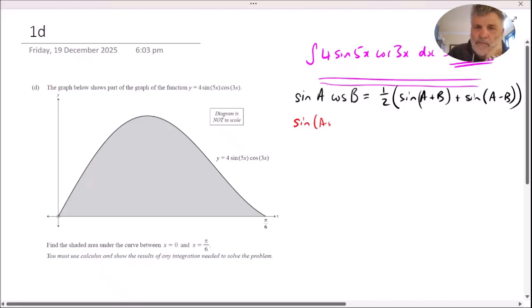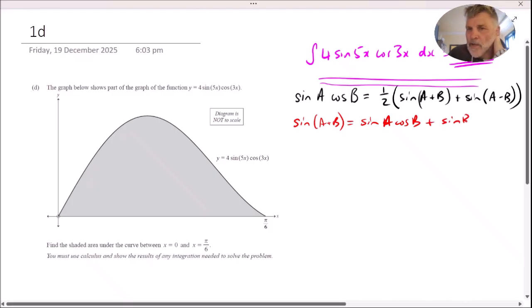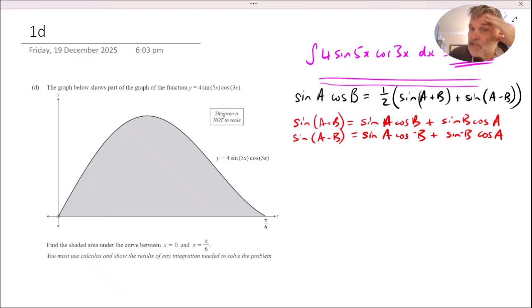sine A plus B, which is also in the tables. That's sine A cos B, and then plus sine B cos A. And then if you rewrite that out with a minus B for this term here, you get sine A cos of minus B, and plus sine of minus B cos A. And it's a property of cosine that if you negate the angle, it doesn't change.